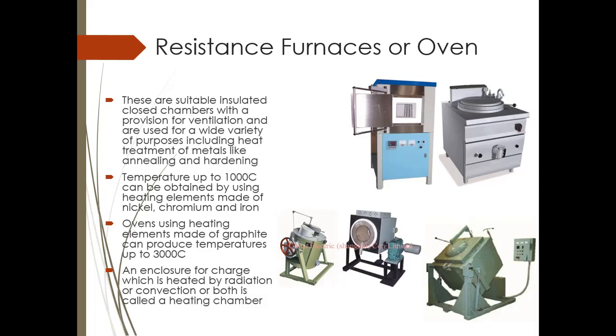Temperatures up to 1000 degrees centigrade can be obtained by using heating elements made of nickel, chromium, and iron, and ovens using heating elements made of graphite can produce temperatures up to 3000 degrees centigrade.